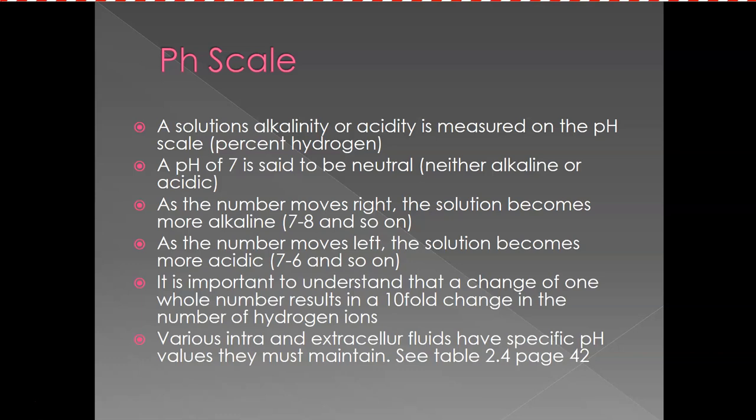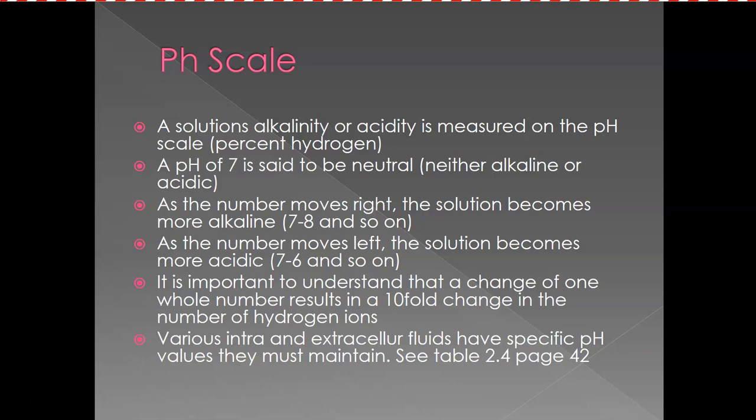As the number moves right, the solution becomes more alkaline. So moving right means it goes greater, from 7 to 8 to 9 to 10 to 11 to 12, 13, 14. As the number moves left, the solution becomes more acidic. So as the number lowers from 7 to 6 to 5 to 4 and so on, it becomes more acidic.